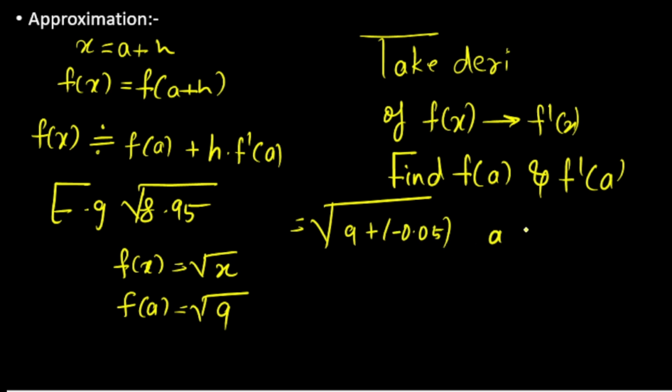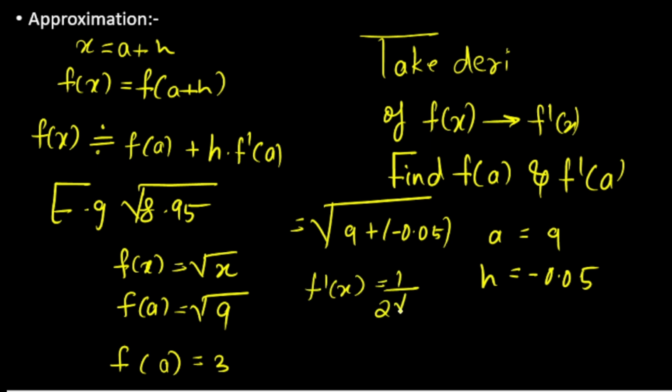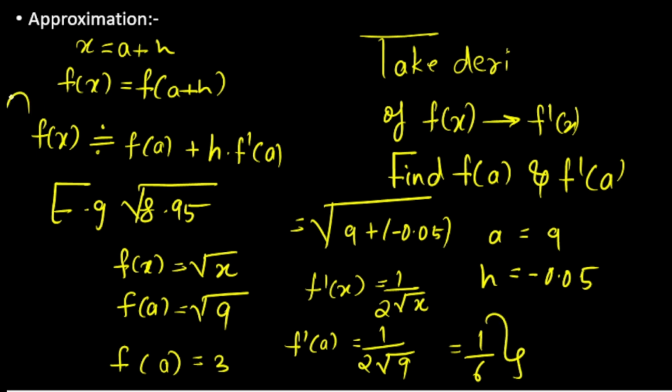Here a is equivalent to 9 and h is equal to negative 0.05. So f of a is equivalent to 3. f dash of x is equal to 1 by 2 root x. f dash of a is equal to 1 by 2 root 9, which is 1 by 6. This way you can solve, and after this you can use this formula and get your answer.